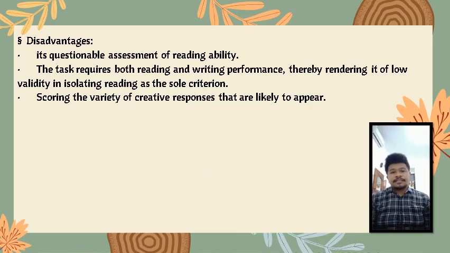The disadvantages of this test are, first, it's a questionable assessment of reading ability. Second, the task requires both reading and writing performance, thereby rendering it low validity in isolating reading as the sole criterion. The third, scoring the variety of creative responses that are likely to appear.